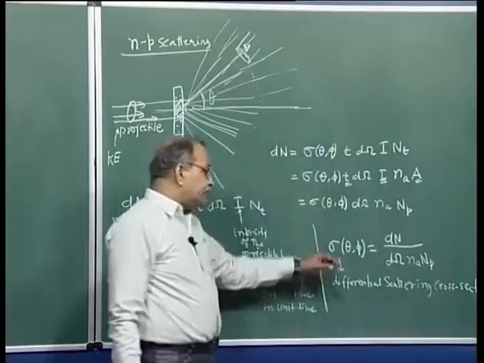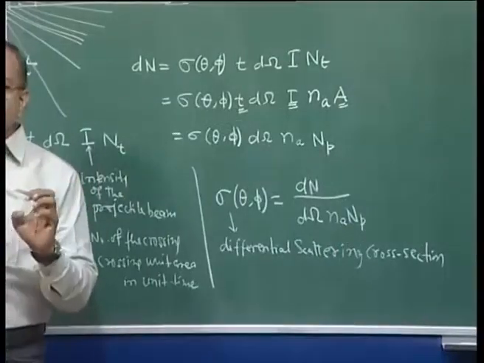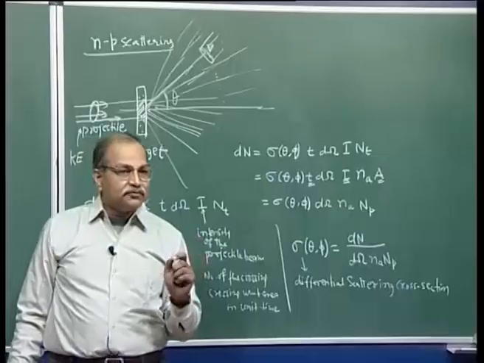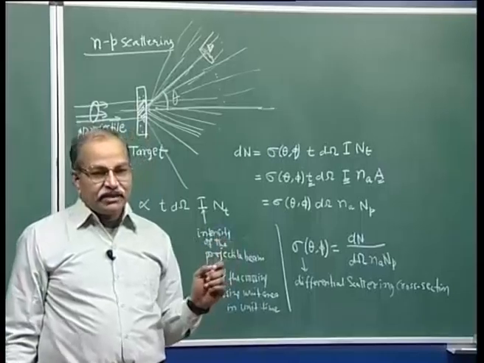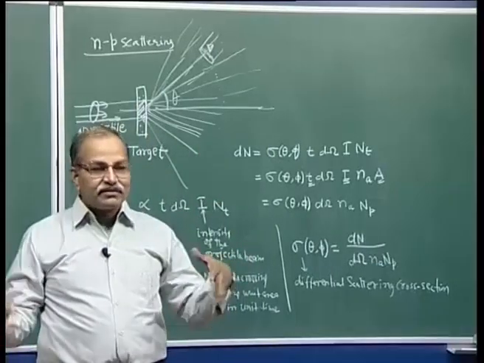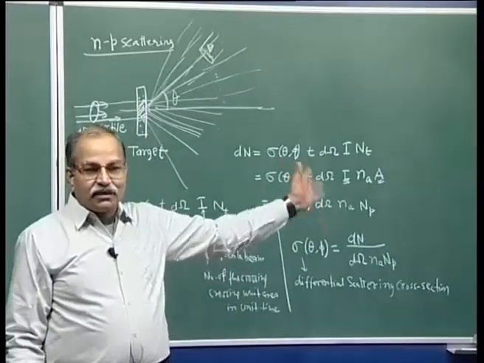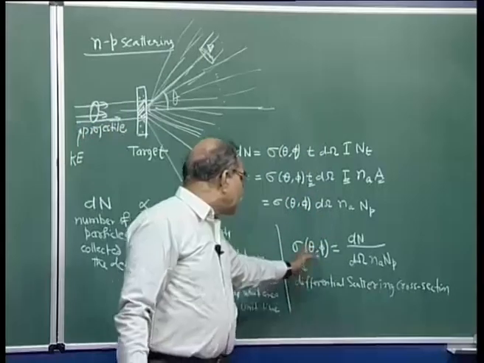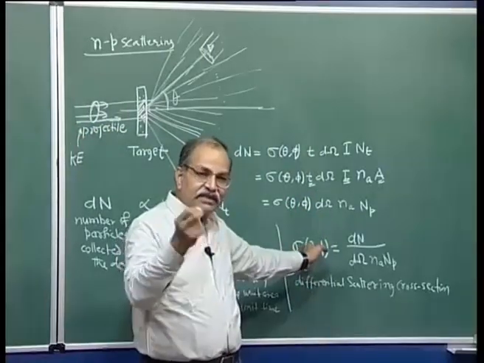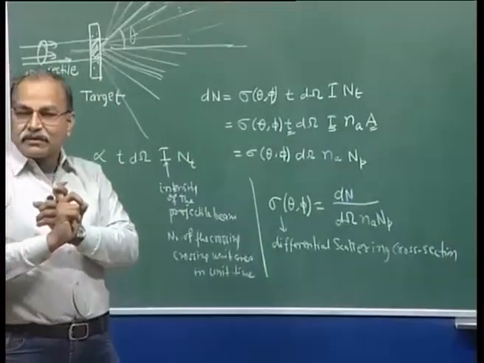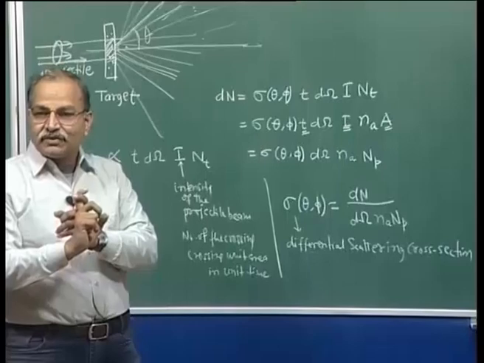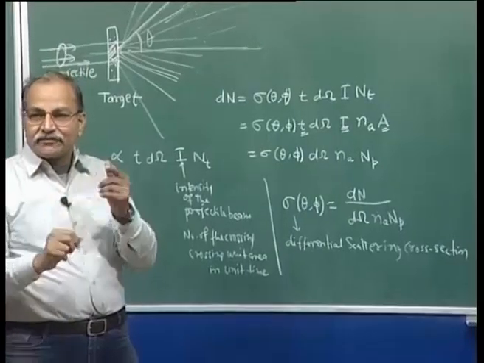It contains the information about the kind of force, the kind of potential, the kind of interaction which is taking place. All the geometrical factors we have already taken out. So, this purely represents the kind of interaction which is taking place when the projectile and target particles are close to each other, which causes a scattering.